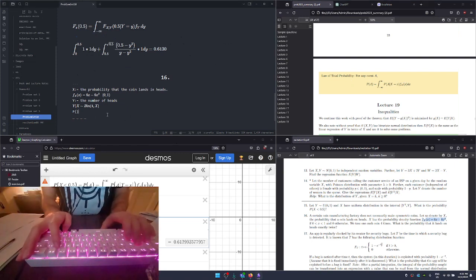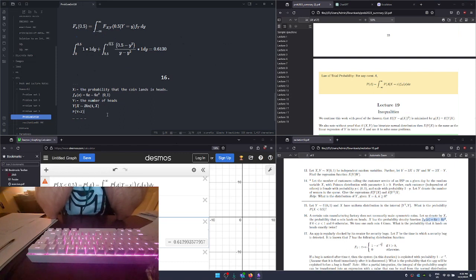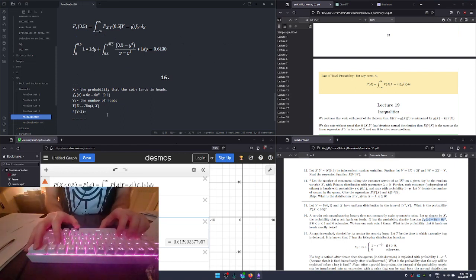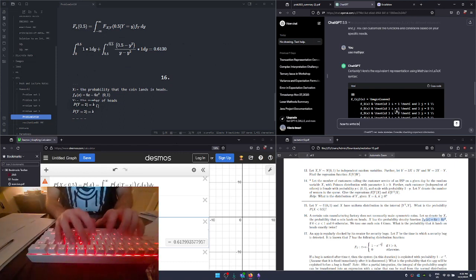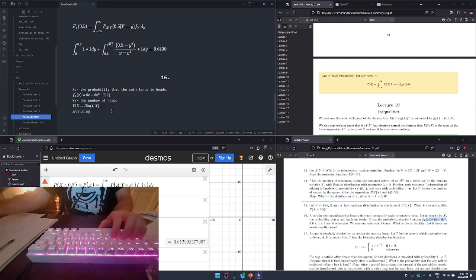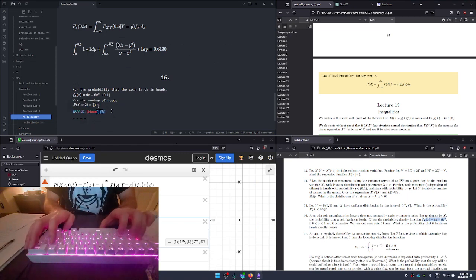What it's saying is the probability that it lands on heads twice, the probability of y equal to 2, using the binomial distribution, is equal to, and so you need to choose... How do you write binomial distributions? We have binom of, what are we choosing?